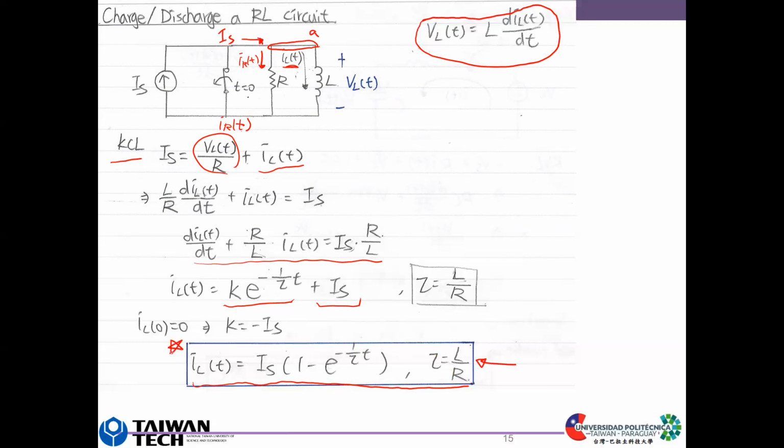And the same thing, this equation is only valid when the initial condition is 0. So when I_L(0) is 0, it is valid.